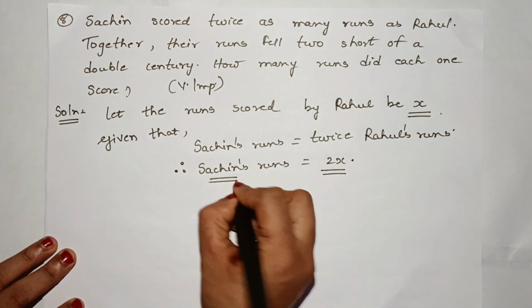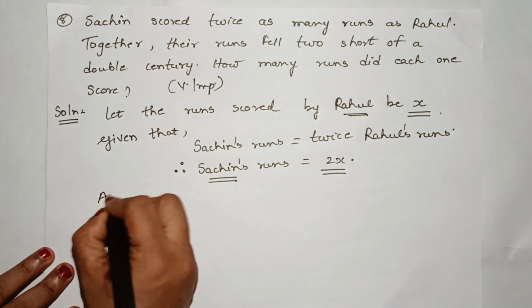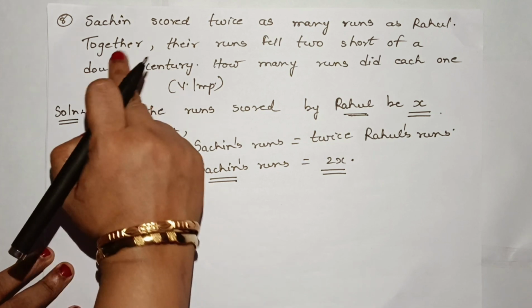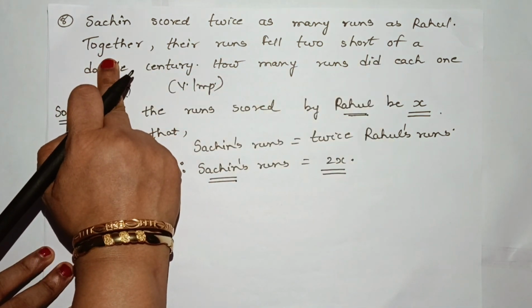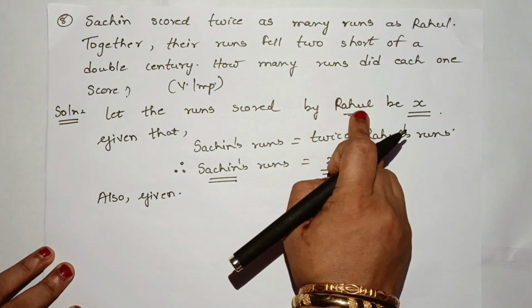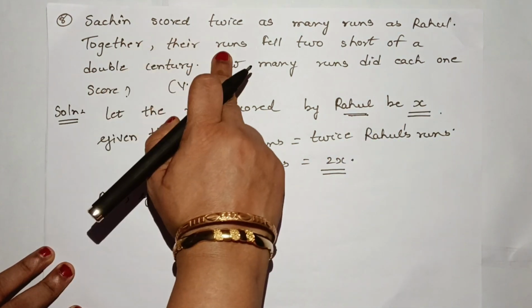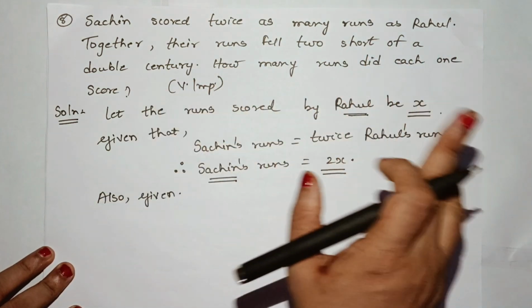So this is Sachin's runs and this is Rahul's runs. Also, they have given one more condition in the question. Together means Rahul's runs plus Sachin's runs. Together, their runs fell 2 short of a double century.